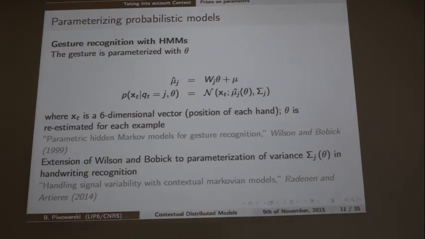And this parameter will modify the mean of the Gaussian, explaining the position in space of the hand. Okay? They do this by using a linear transformation of theta to modify the mean mu. And this has been extended, for example, by parameterizing also the variance, the covariance matrix of the Gaussian, in the work of Redden and Arthur.